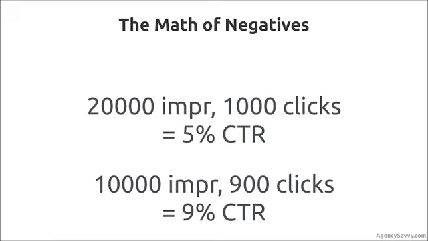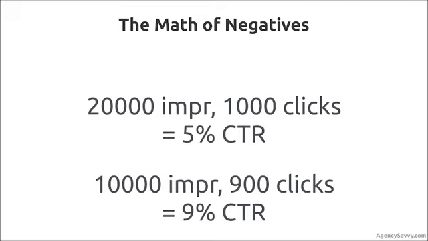Now I'm going to make the assumption here that most of those 1,000 clicks we got before, we would still get most of those. I'm going to make the assumption that 100 of those clicks were idiot clicks. People searching for stuff that we don't have, but they still clicked on our ad.